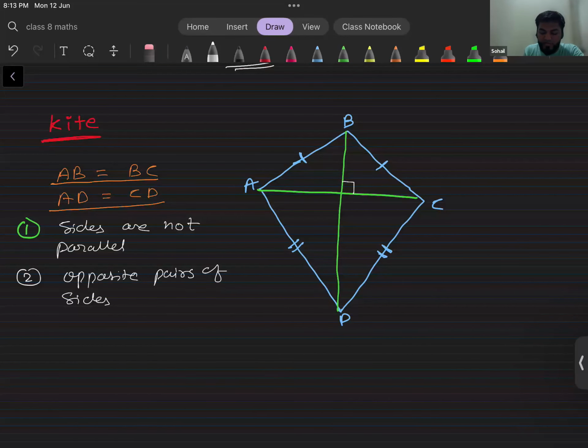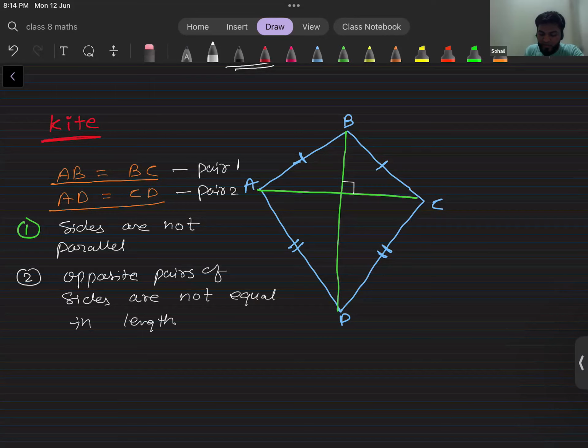Like side AB and side BC, they form a pair. How many pairs of sides are there? There are two pairs. This is pair one, this is pair two here. So these pairs are not equal to each other in length. Opposite pairs of sides are not equal in length.